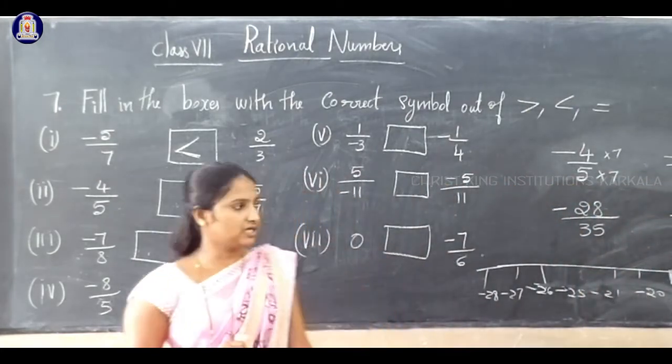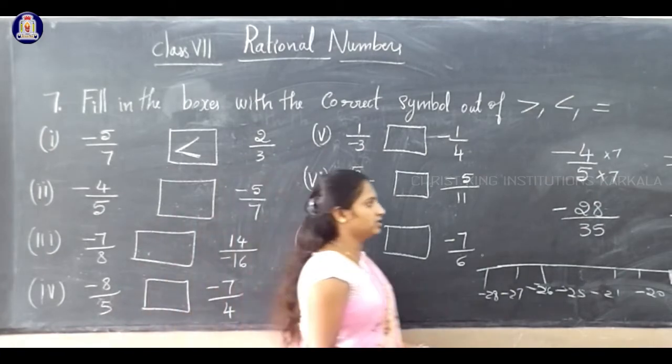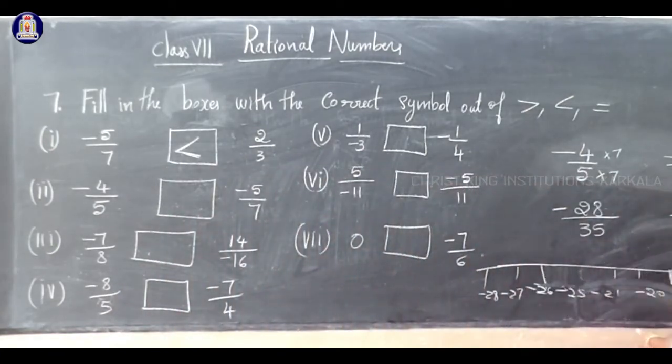In the integers chapter I explained how to identify which numbers are greater and which are lesser. See, in minus 25 and minus 28, which integer is greater?